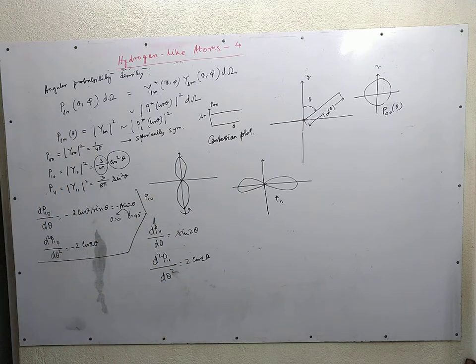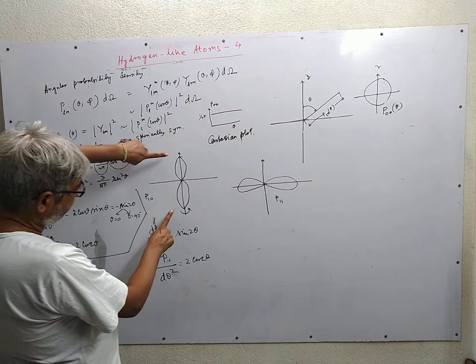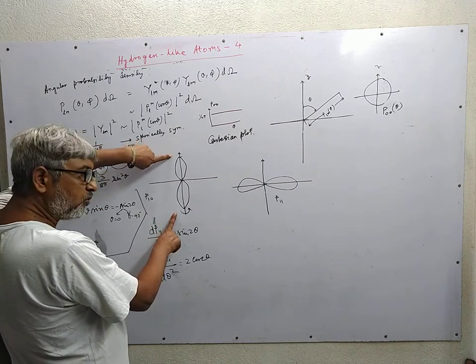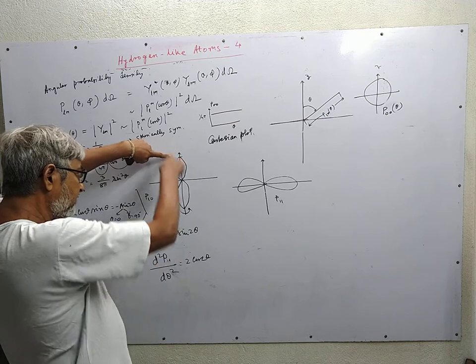Since M equal to 0, the projection of orbital angular momentum along the z axis is 0. So, the particle remains confined within the xy plane, and since it is orbiting in the xy plane, the angular momentum is directed perpendicular to the xy plane, and hence the maximum probability for angular distribution is obtained along the z axis.